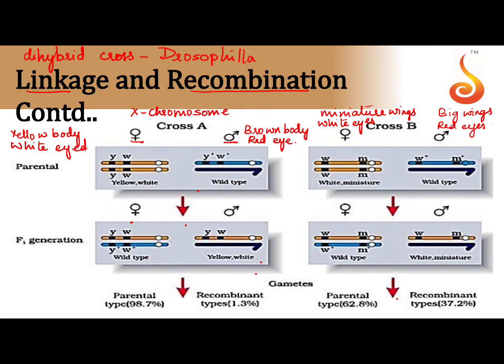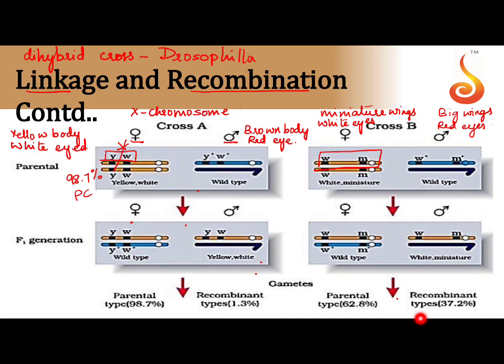If you see in the first case, we saw 98.7% parental type. So, 98.7%, what was it? Parental combination. And look at the distance between the two genes. If you see, both the genes are so closely packed that crossing over is hardly possible. But in the second case, if you remember, parental combination was way lesser.